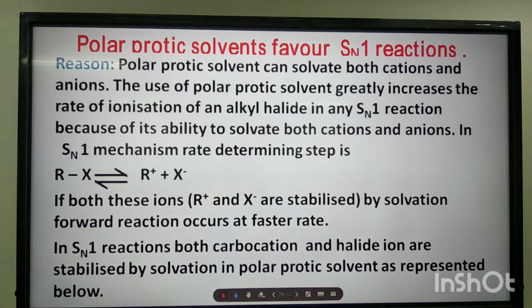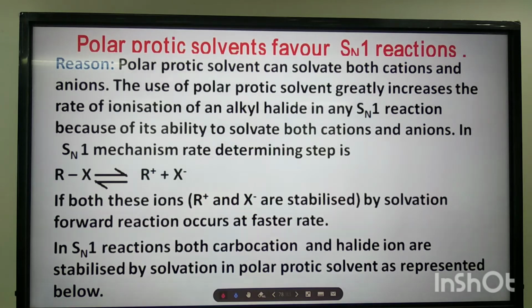Now if both these ions, R plus and X minus, are stabilized by solvation, I will tell the meaning of solvation, which helps in shifting the equilibrium towards the forward direction, and due to stabilization of both the ions, the reaction goes at a faster rate. In SN1 reactions, both carbocations and halide ions are stabilized by solvation in polar protic solvent, that I will show in the next slide.